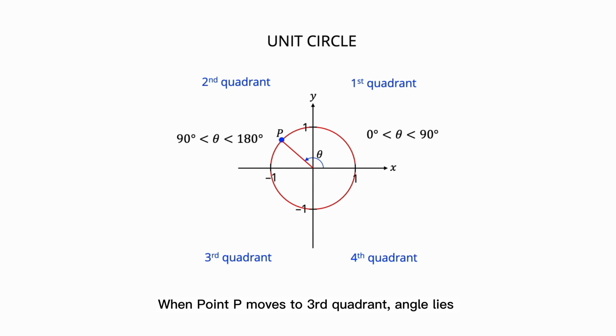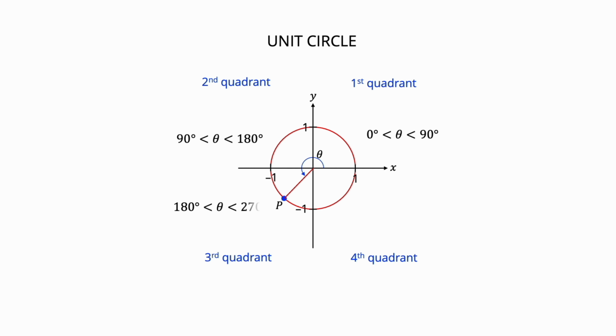When point P moves to the third quadrant, angle lies between 180 degree and 270 degree. When point P moves to the fourth quadrant, angle lies between 270 degree and 360 degree.